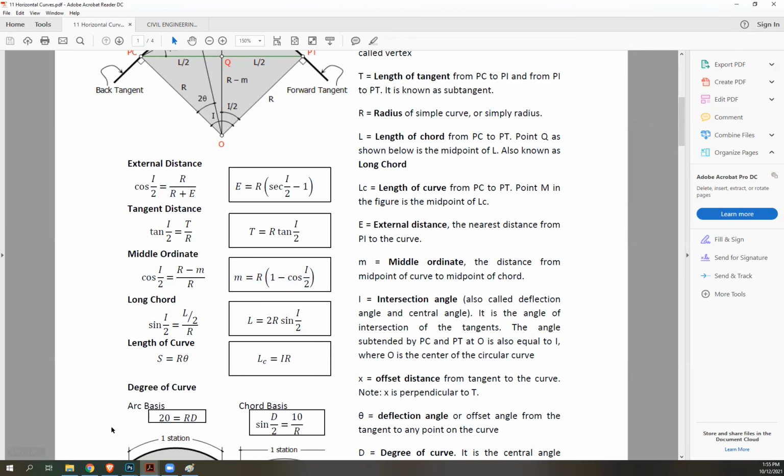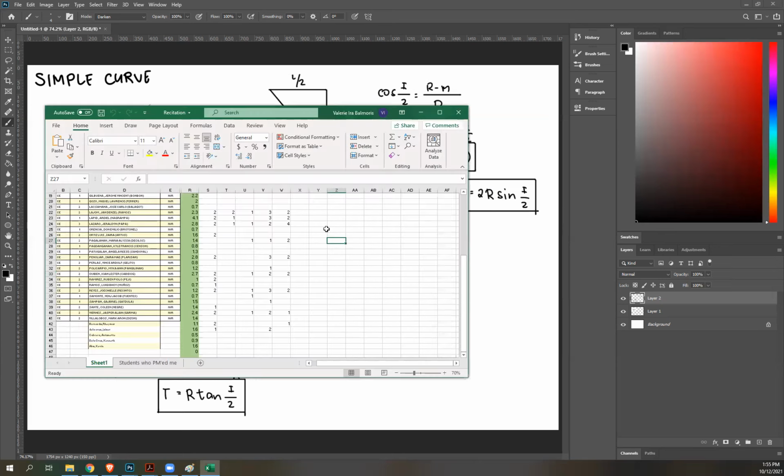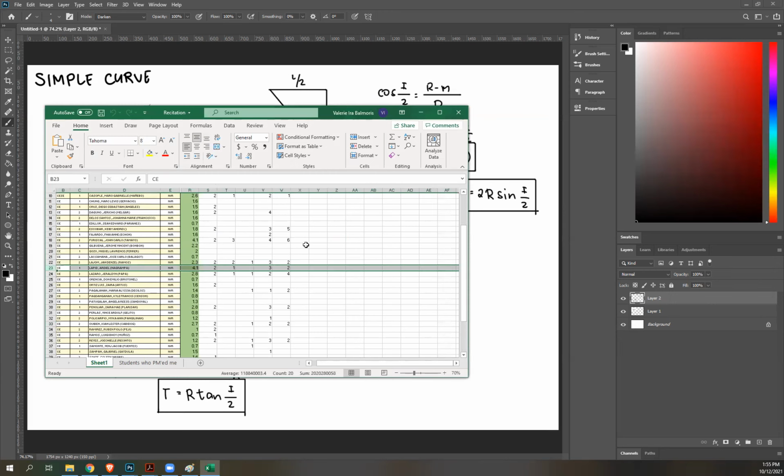And then finally, length of curve. Once again, I've been saying this is a part of a circle. Can anybody give me the equation for arc length of a circle? Very good. It's R theta.